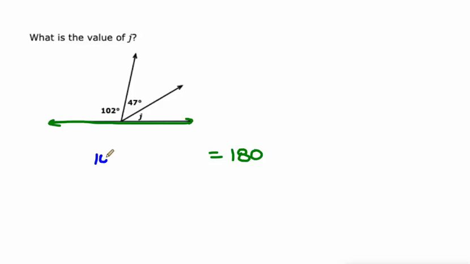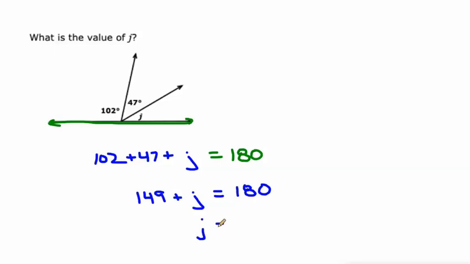So 102 plus 47 plus j equals 180. 102 plus 47 is 149. Then we'll just subtract 149 from both sides of this equation. And that's 31. So j must be 31 degrees.